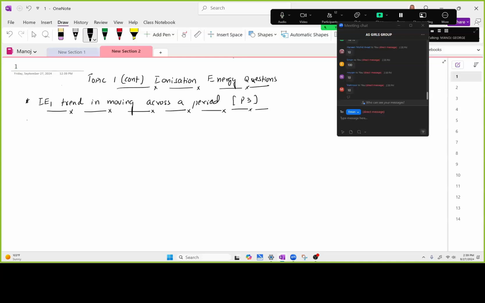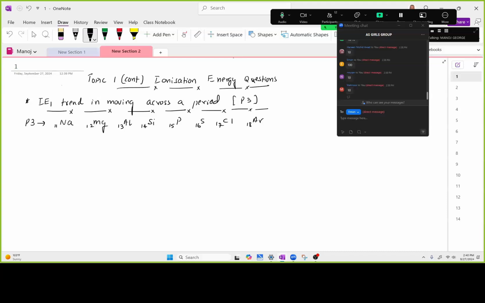Now period number 3, the elements are sodium, magnesium, aluminium, silicon, phosphorus, sulfur, chlorine. We don't get into argon, but argon also is there obviously. So these are the elements of period number 3, atomic number 11, 12, 13, 14, 15, 16, 17 and 18.